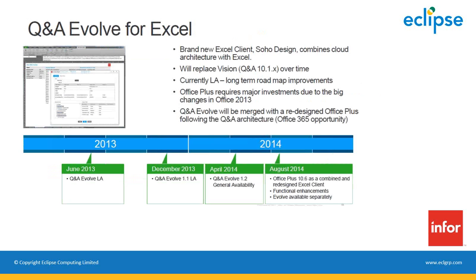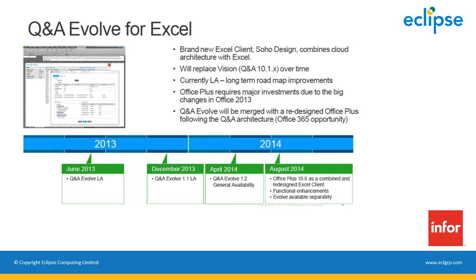So Q&A Evolve, when is it coming out? Well, it should have come out already, but as I said, we're still waiting to get the official release from Infor. But the plan is that it is happening this month. The version that's coming out at the moment will, I think, be version 1.2.